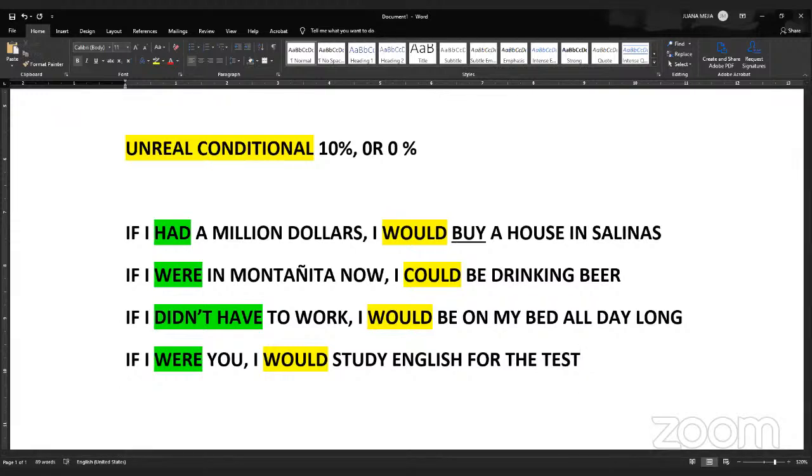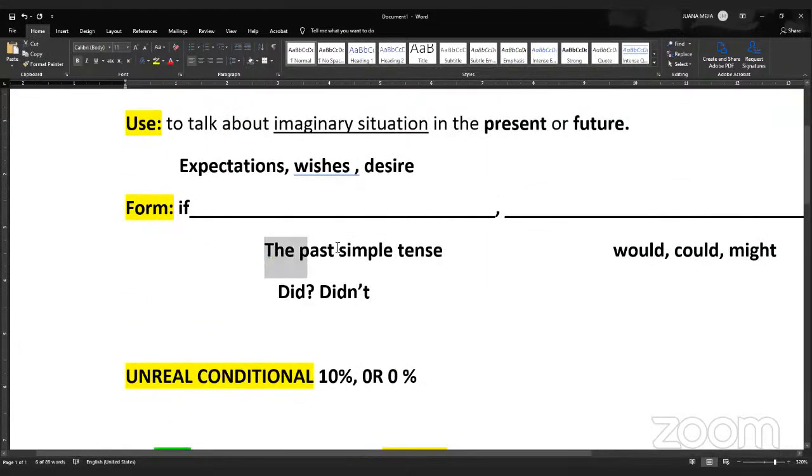Okay, guys. So over here we have the four different sentences about the second conditional. So don't forget. En esta cláusula, la condicional, recuerde, es past simple. Past simple. Los verbos en pasado. Regular, irregular verbs, or the verb to be.